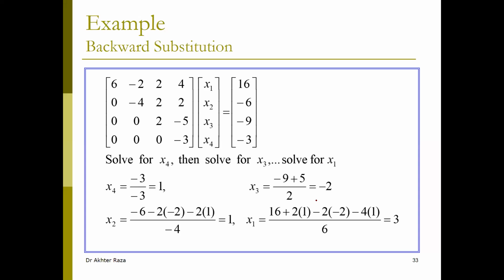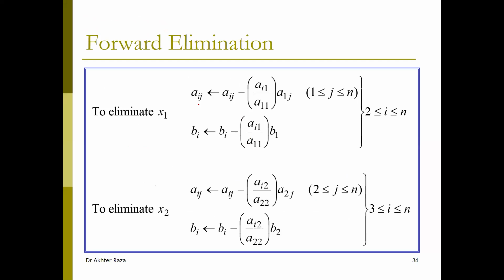Now we are going to discuss the algorithmic representation of this entire procedure. Because this procedure is iterative, whatever we are doing is the same type of work, so we can make an algorithm. This is the algorithm: aij is computed as aij minus ai1 divided by a11 multiplied by a1j.